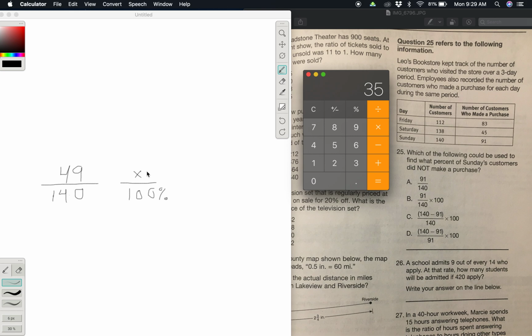Okay, let's try it the other way, which would be 49 divided by 140 times 100. 35. Okay, so either way we did it, we got it. 35 is your answer for that one.